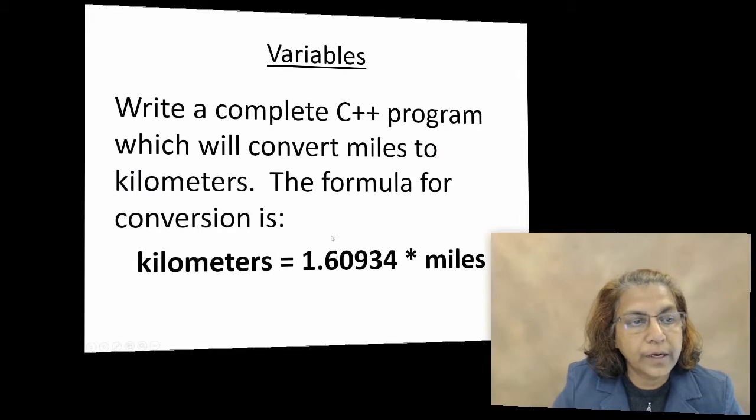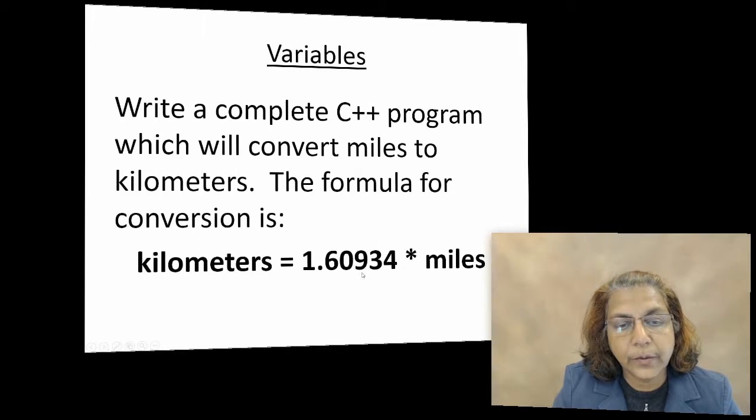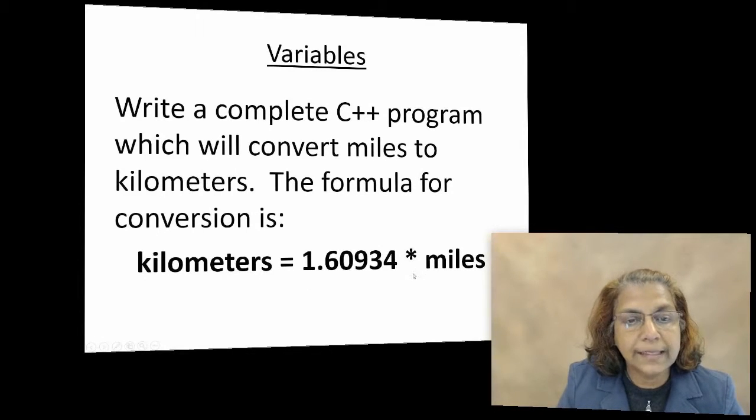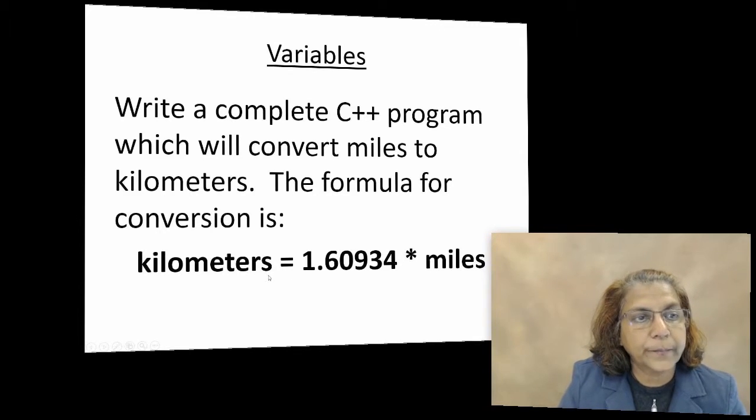The formula for conversion we will be using is kilometers equal 1.60934 times miles. If you examine this formula, you can see we will need two variables in our program. One to hold the value of miles and the second variable to hold the value of kilometers.